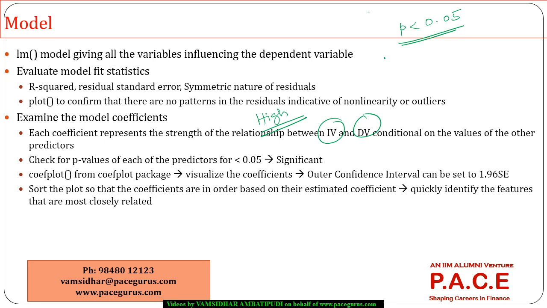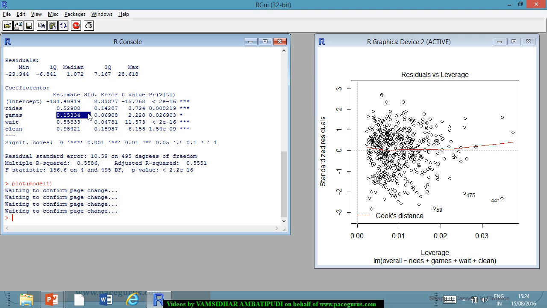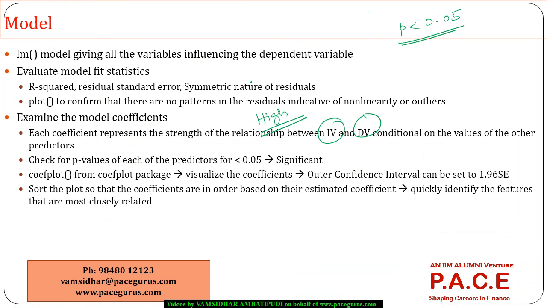The coefficient numbers are a measure of the strength of the relationship, right? How strong is the relationship between the variables? And as long as the p-value is less than 0.05, I can say that the contribution of the variable to the overall dependent variable is statistically significant. So I'm checking the p-values for each of the predictors. If it is less than 0.05, I say all those predictors are significant.